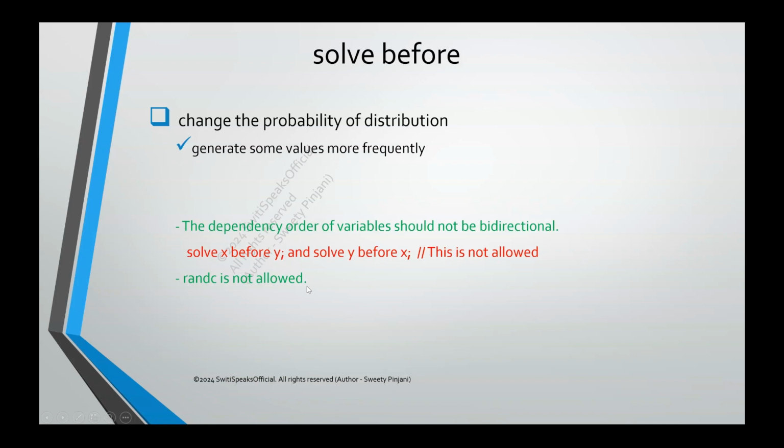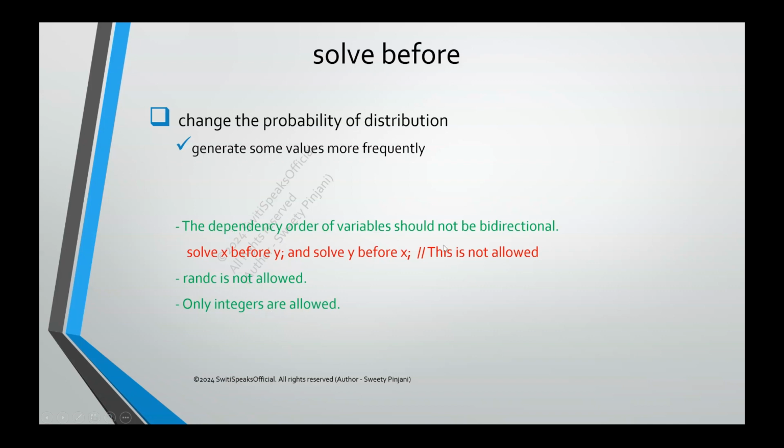Then, randc is not allowed. If you are using cyclic randomization, you can't use solve before. Whatever variables you want to use in solve before, you should declare as rand, not randc. Next important point is that only integers are allowed. Other data types like string, or any data type which does not take integer values, should not be used in solve before.